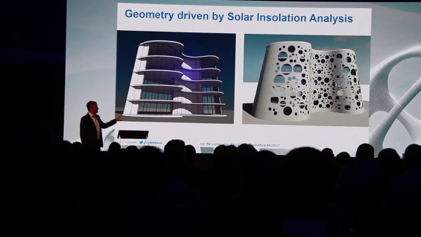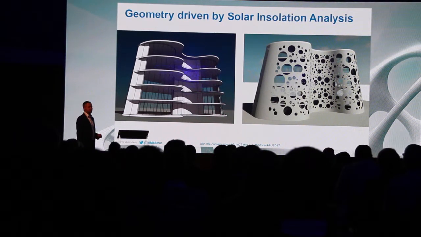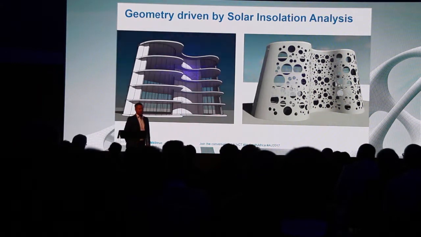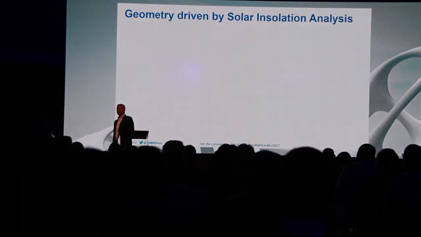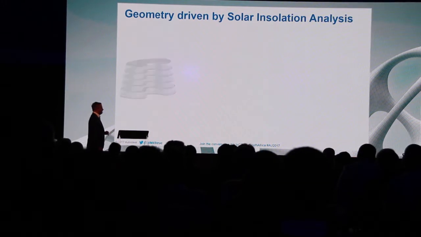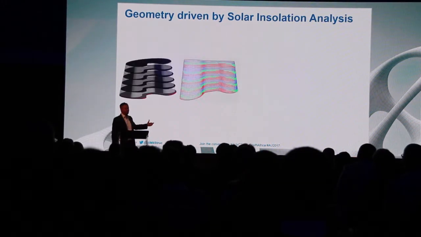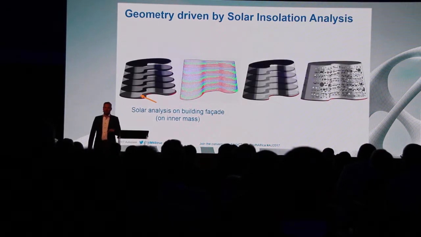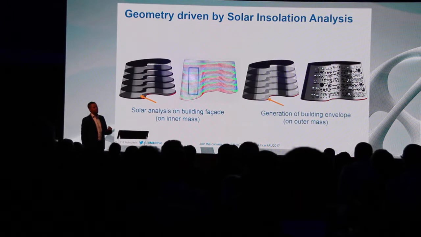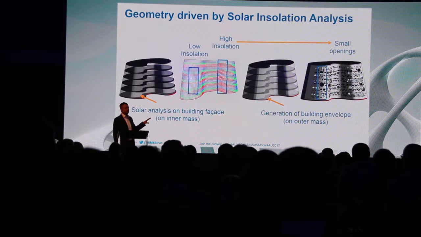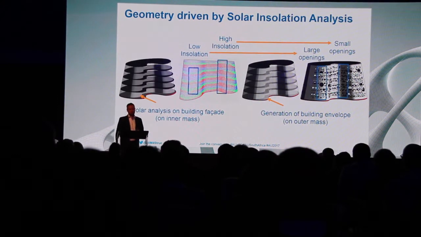Now, the outer surface, as you can see on there, has a very strange design with large openings and smaller openings. Now, this geometry has been driven by analysis. So that's the computational design part that comes in. You want to get a design where you have an outer or an inner mass, and on that inner mass you have sunlight. Now, if you run analysis throughout the whole year, you get those blue points, those red points representing results from solar analysis.